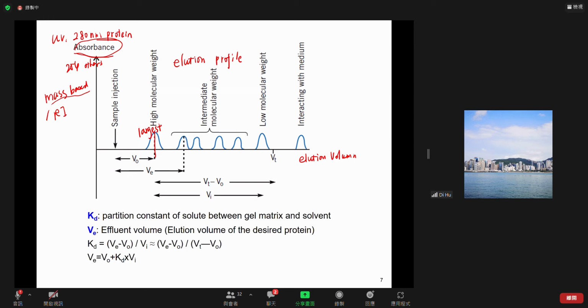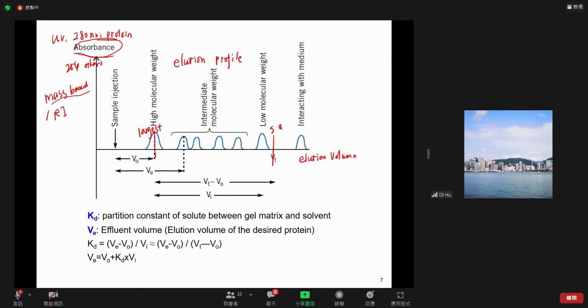How about the molecule that's small enough to penetrate all pores? Since there is stagnant mobile phase inside the pores, diffusion is the only way for molecules to escape from it. As a result, it comes out very late. Here is VT for the smallest.